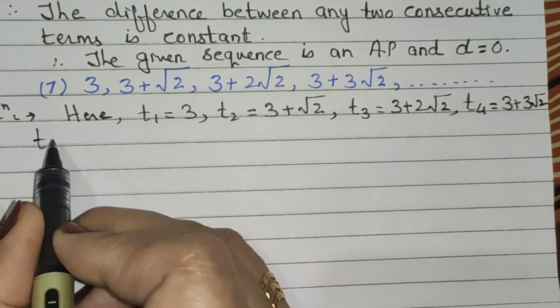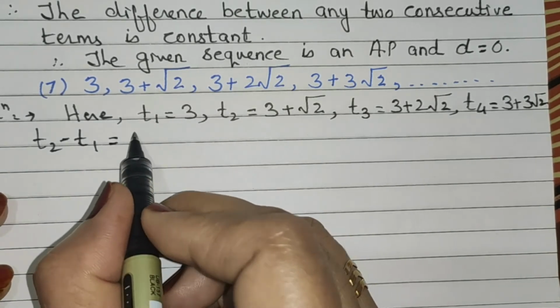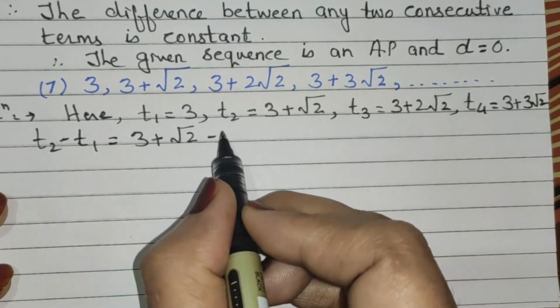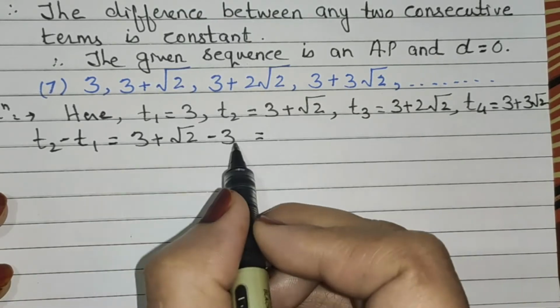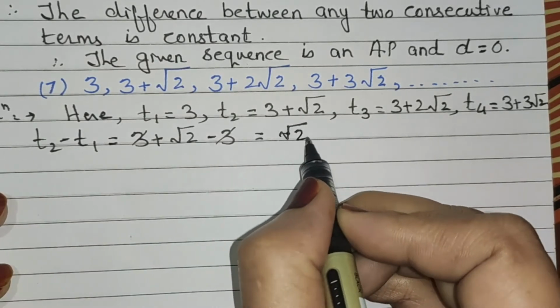Find out difference. T2 minus T1 is equal to 3 plus square root of 2 minus 3. Now plus 3 minus 3 cancel, we get here square root of 2.